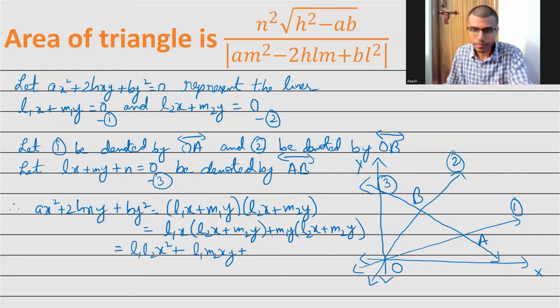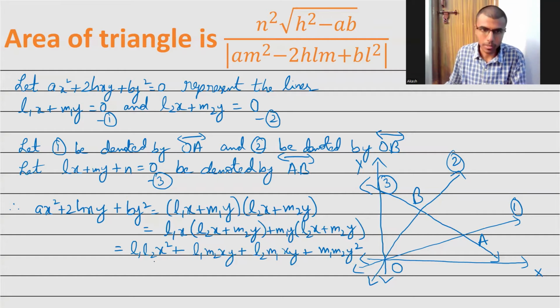M1y into L2x is going to be L2 M1 xy, plus M1y into M2y is going to be nothing but M1 M2 y square.